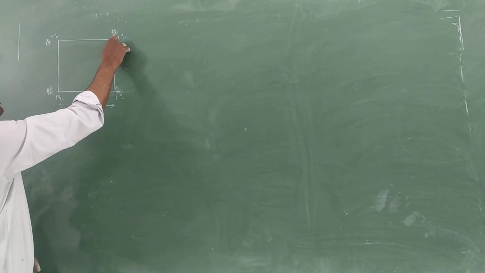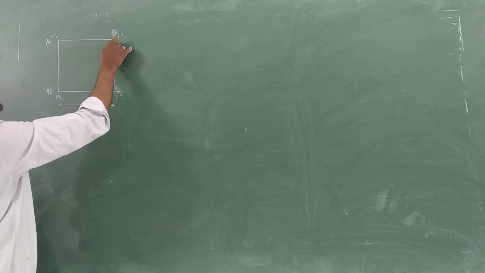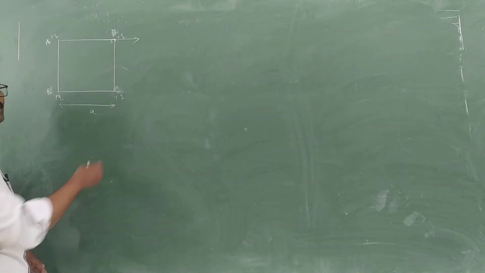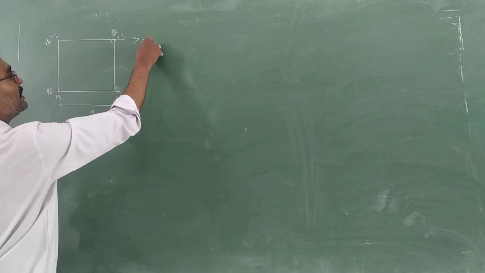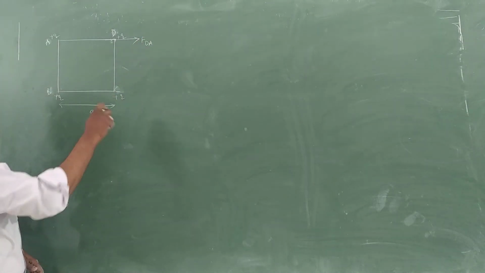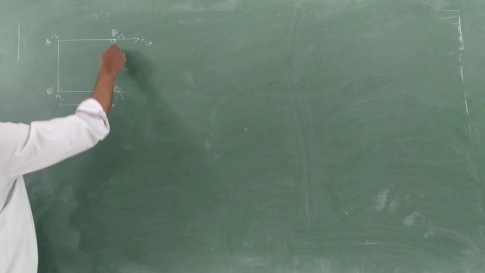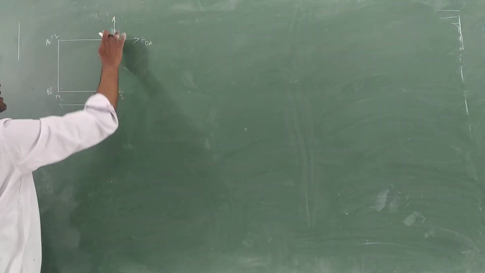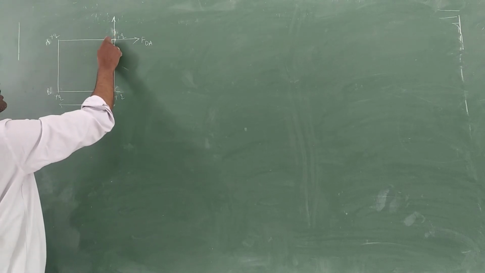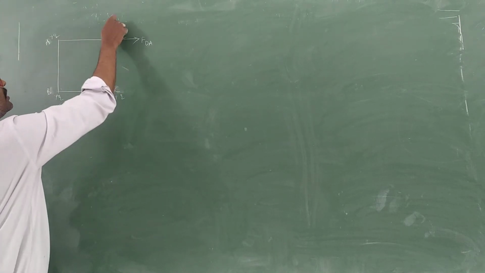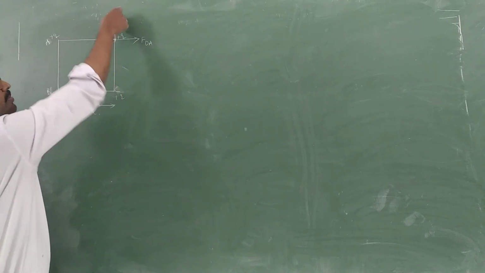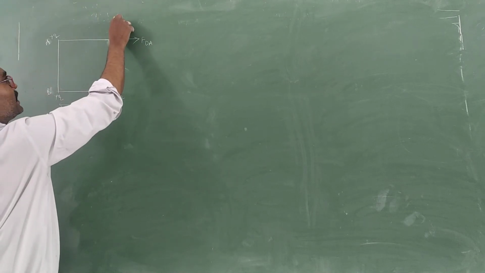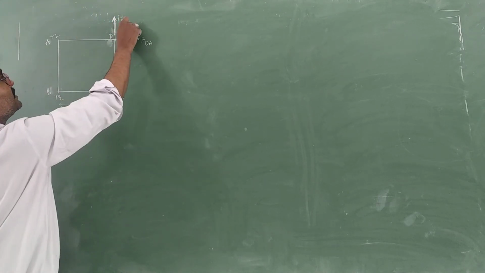Force acting on D by A will be in this direction. Force acting on D by C also acts here. This positive charge will push it upward, so this is the direction of plus Q motion. That is the force acting on D by C.